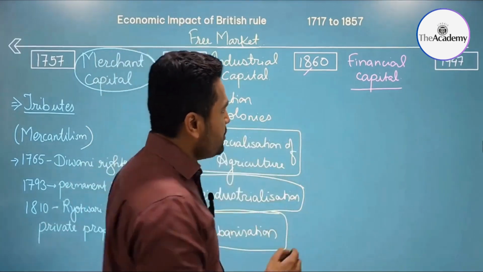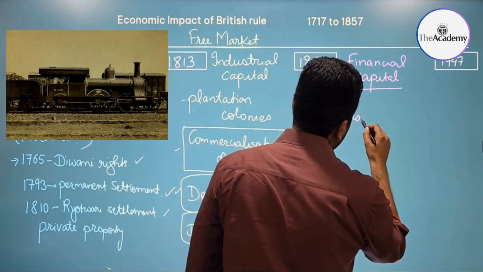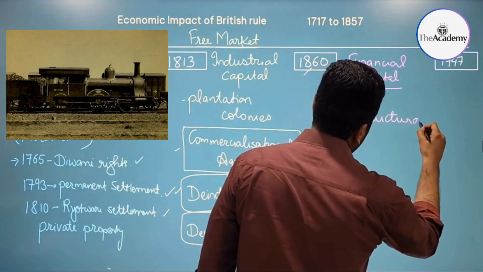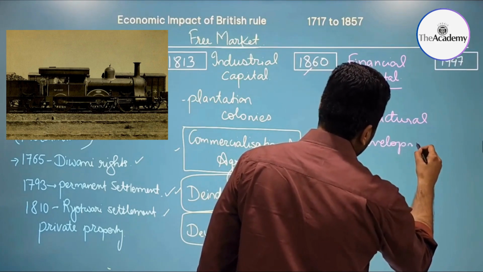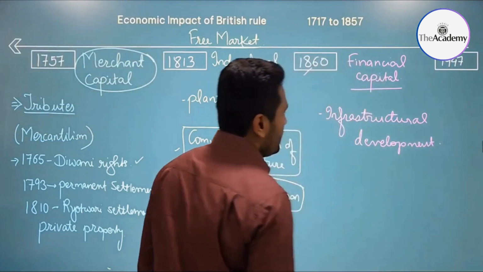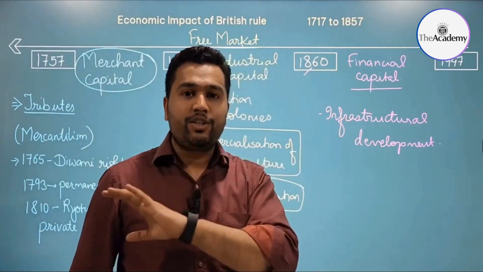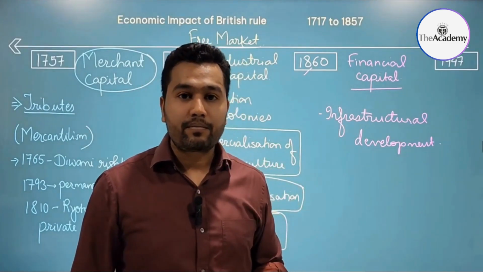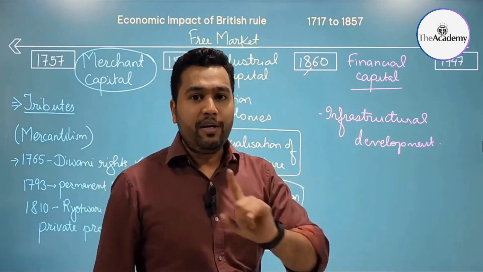So from 1860 onwards, there was infrastructure development, but this infrastructural development was at the cost of British capital, which was promised a high rate of return. But was this infrastructural development meant to develop the Indian economy?